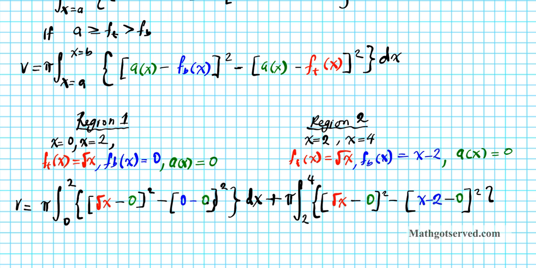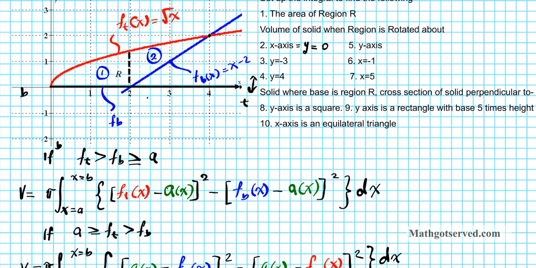equals that dx. Okay, so pi r squared, this is a big radius, and then pi r squared, this is a small radius. Okay, so this is the outer disk, this is the inner smaller disk, and then when you subtract them, you have the washer. If you look at your region right here, you notice that if you rotate this, you do not have any space in between. It's not hollow. Okay, it's like a filled paraboloid.